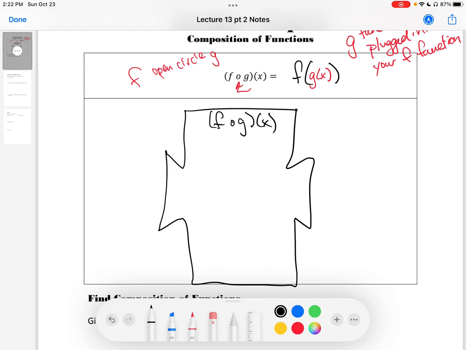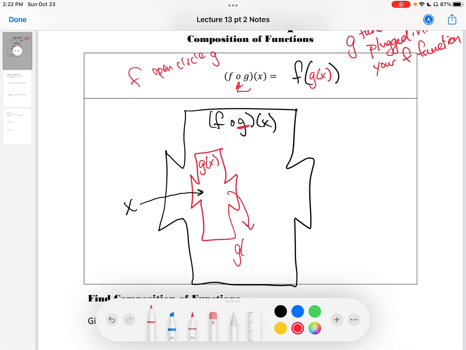So this big machine f open circle g of x, okay, well, it is really two smaller functions on the inside of it. And the first function that you deal with is that g of x function. So your x will start on the outside, and when it goes into this machine, the first thing that it goes into is your g of x function.